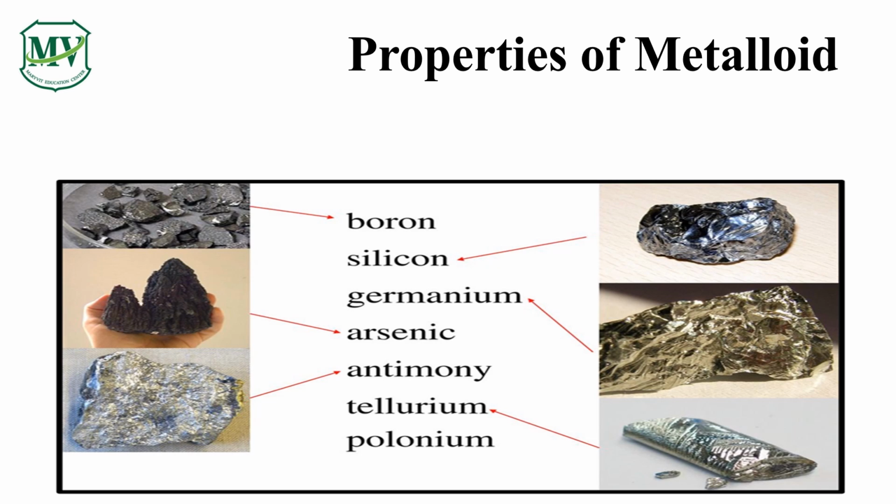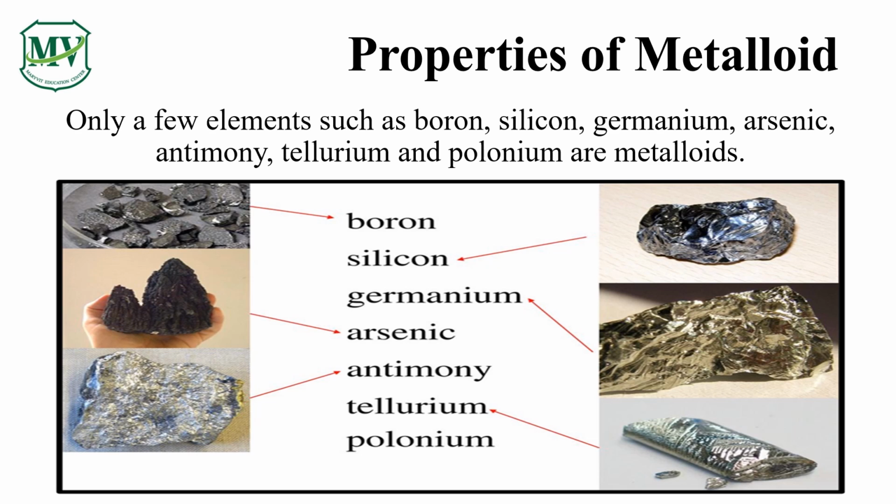We have learned about some of the differences between metals and nonmetals. However, there is a third category of elements, which is the metalloid. How is it different from the metals and nonmetals? Here are some examples of metalloids. We have boron, silicon, germanium, arsenic, antimony, tellurium, and polonium.